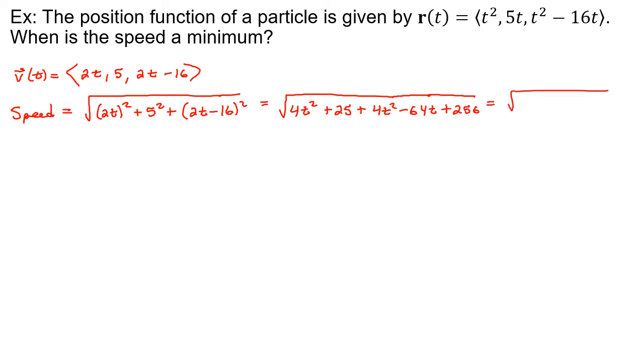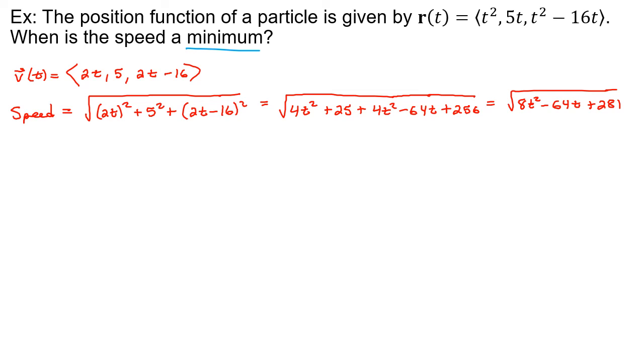So I'll get 8t squared minus 64t, and then 256 and 25 is 281. That's my speed.